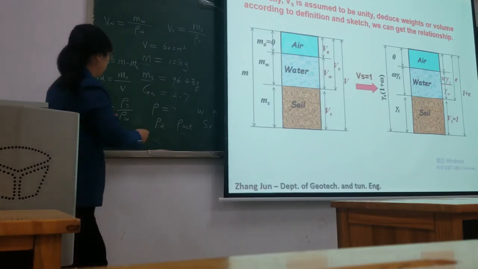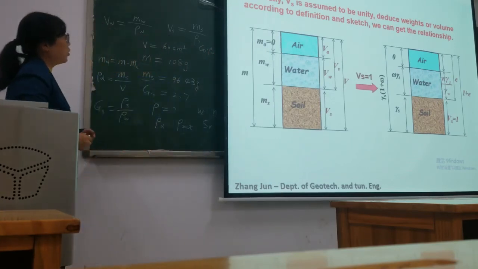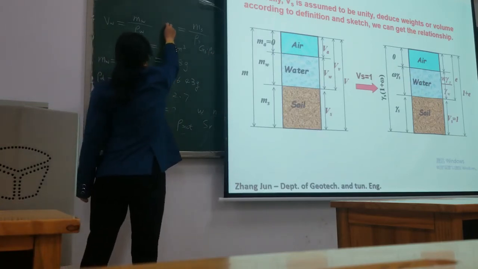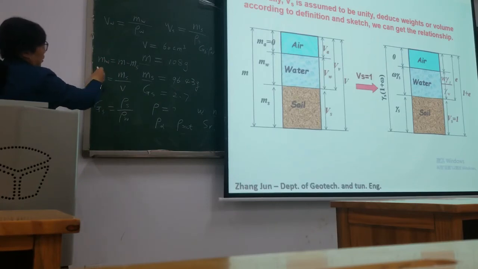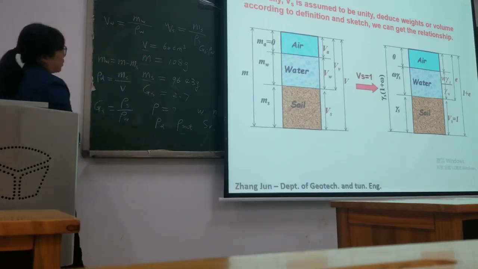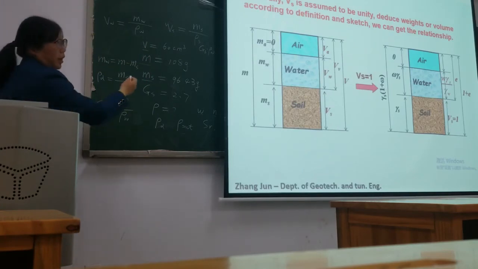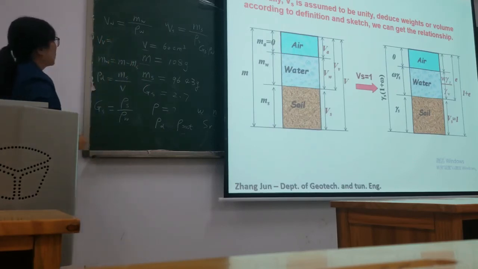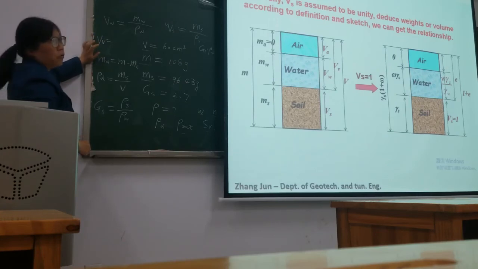So we use the Gs here and more W. So Vs can be determined, and the total volume we know, and we can get the volume of void.